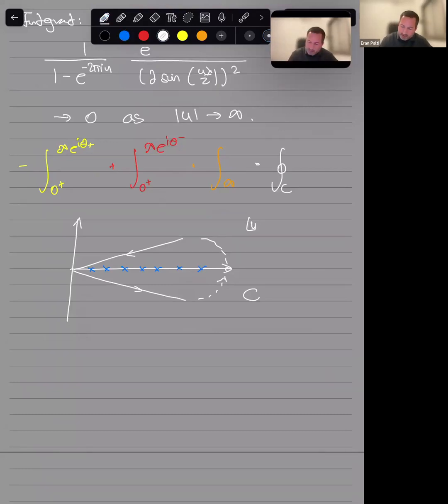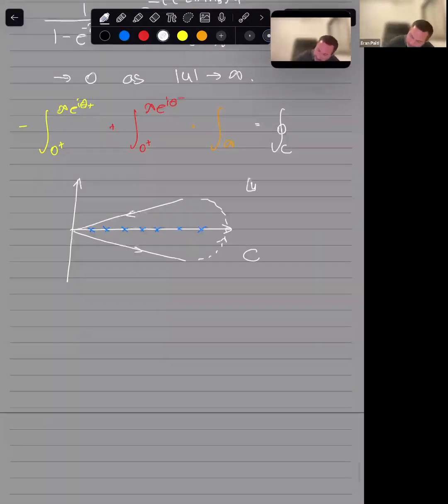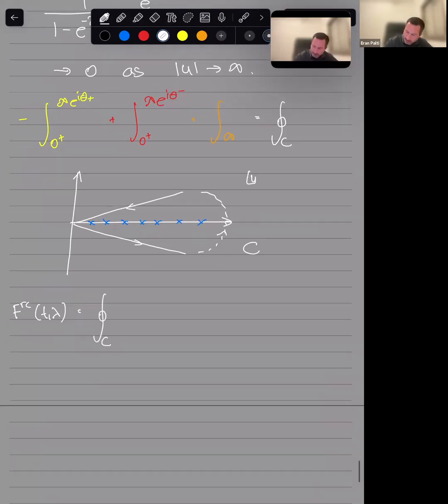So let me just write out the final expression, then I'll pause for any questions. If we write the free energy, we see that it's actually given by a contour integral: du over u, 1 over 1 minus e to the minus 2 pi i u. This factor came from the sum over n.